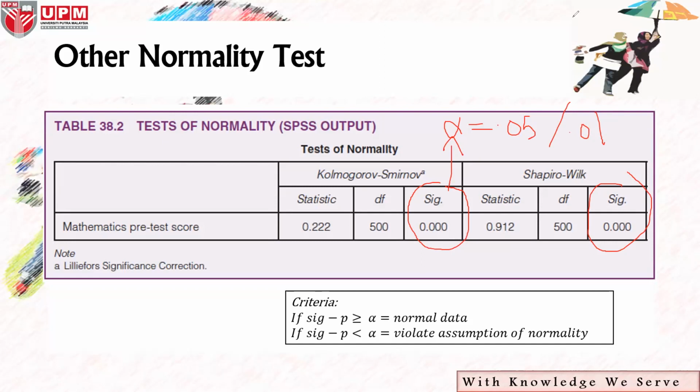Okay, since this normality is assumption testing, the cut-off point that we use is this one. It is the opposite of hypothesis testing.